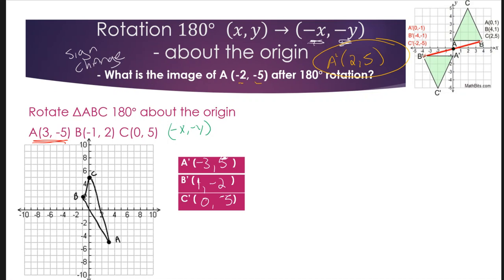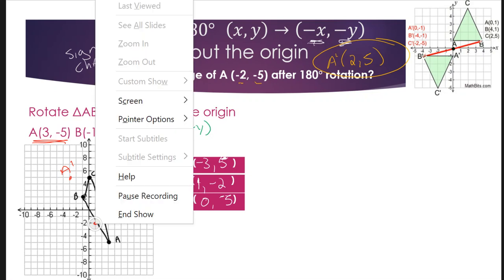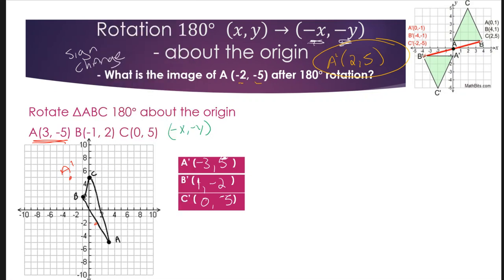Again, if it's 180, it should essentially be facing upside down to some degree. All right, so let's plot these points. Negative 3, 5. That's our A prime. B prime is 1, negative 2. Sorry, holding it in place too long brings up that screen.